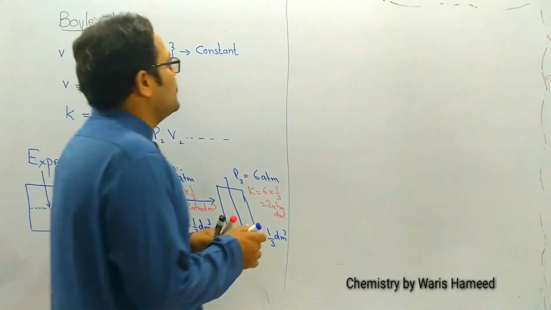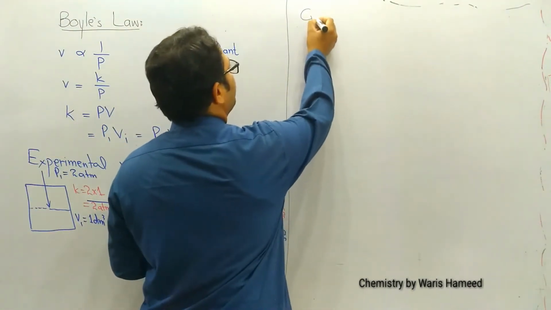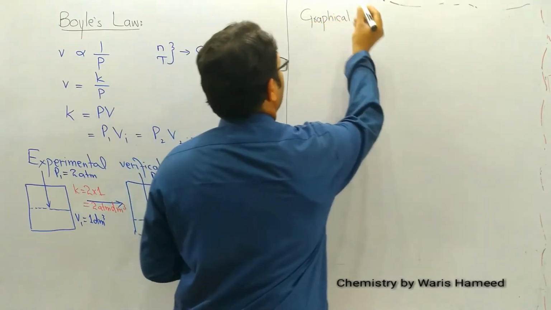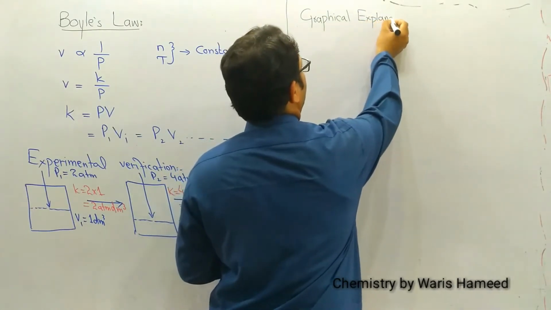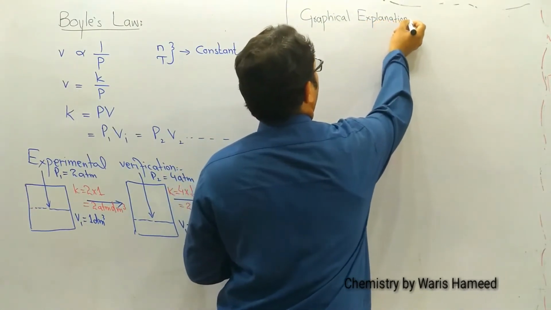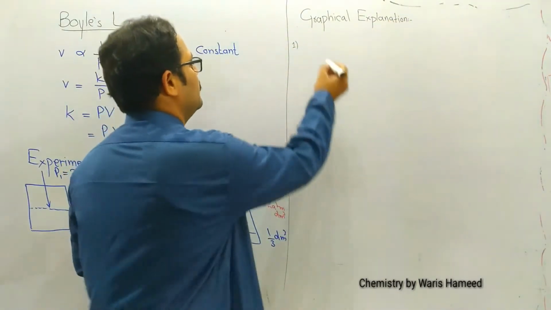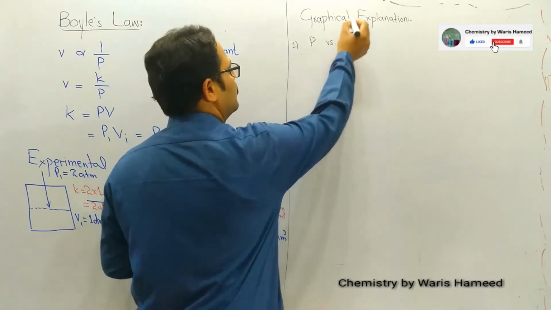Now, graphical explanation. The first graph is pressure versus volume.